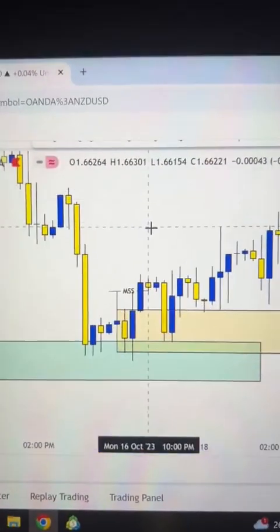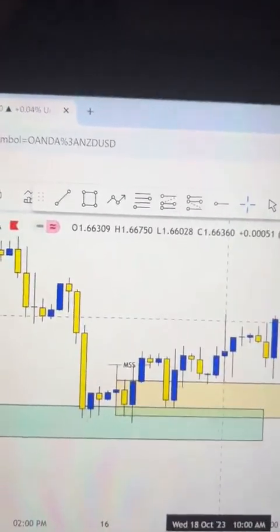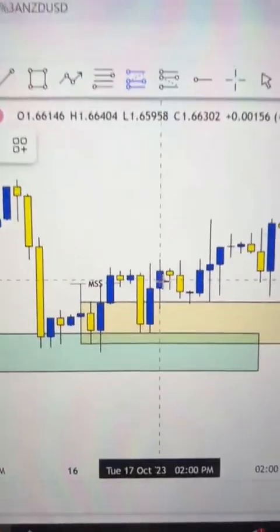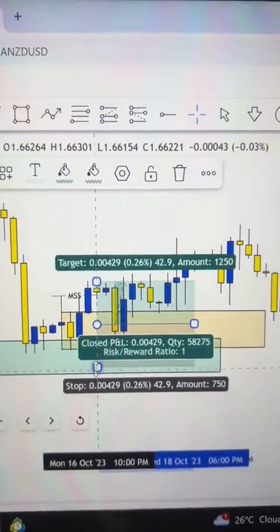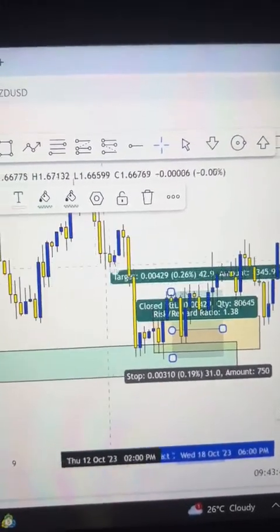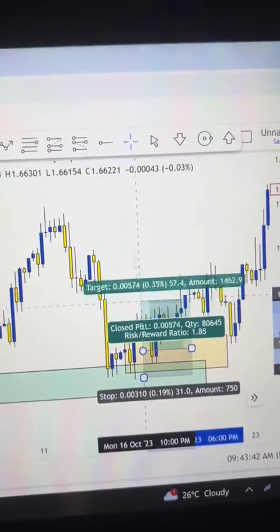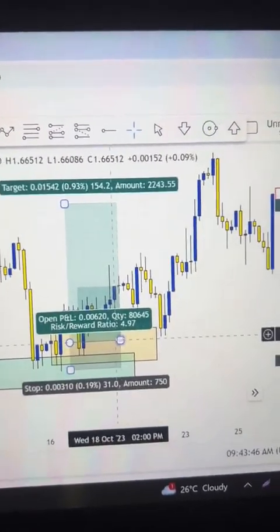This is how to trade. Let me try to zoom out. Okay, this is what I'm looking for. Then you place your trade like here, stop loss below the zone here. Then your take profit will be up here. Then what did you notice?